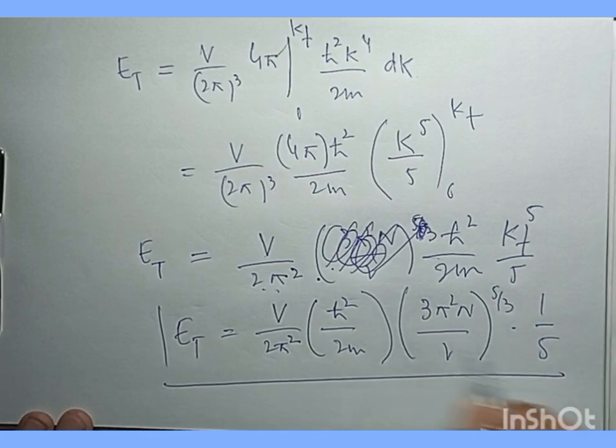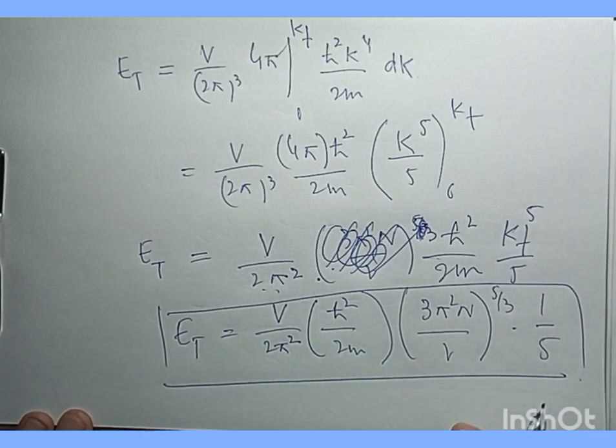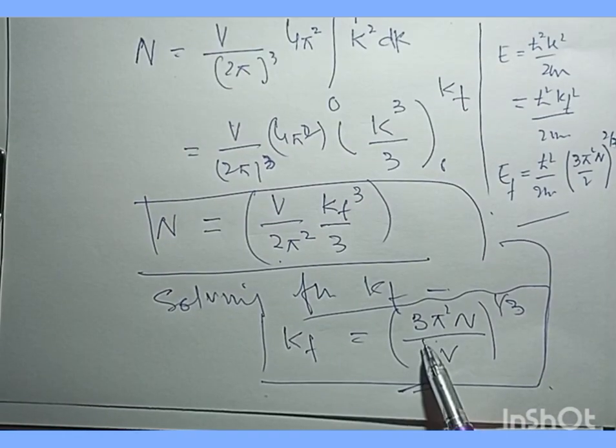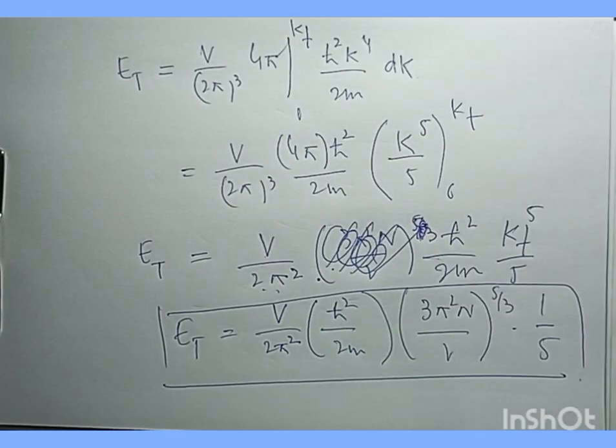So we have used the value of kF that was calculated already, and we had calculated the value of kF as 3 pi square n by V whole raised power 1 by 3. So this is what we have used, and we have obtained the total energy.